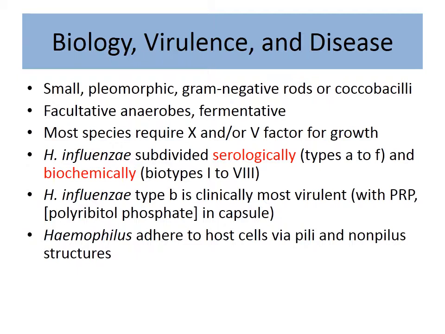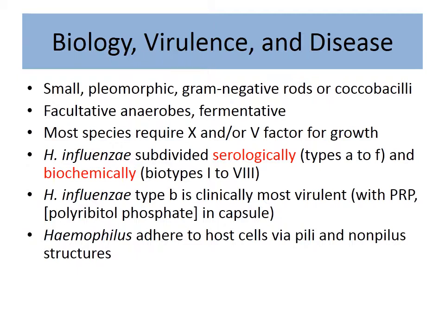The other important thing for many different types of H. influenzae, especially H. influenzae B, is called HIB. It's not HIV, which is human immunodeficiency virus. HIB suggests that's the most virulent. And why is this virulent?